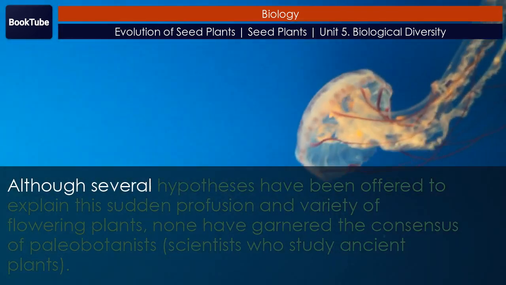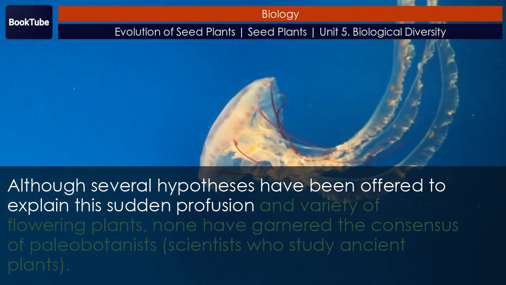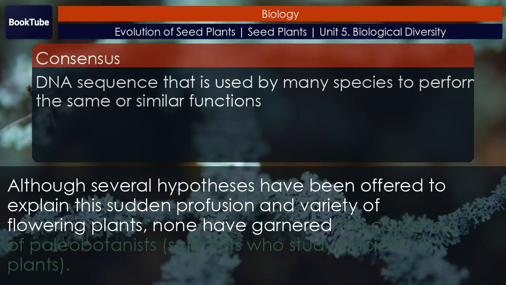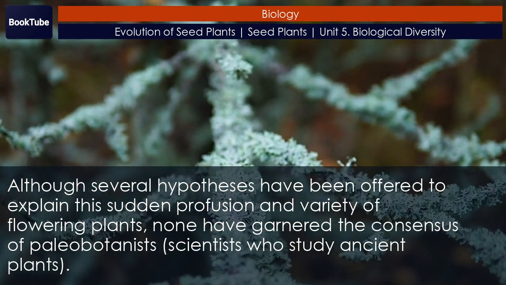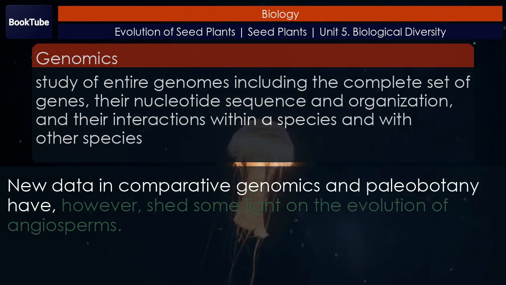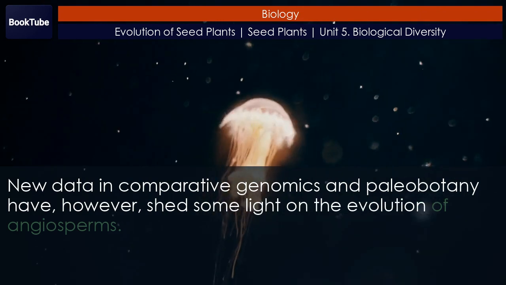Although several hypotheses have been offered to explain this sudden profusion and variety of flowering plants, none have garnered the consensus of paleobotanists, scientists who study ancient plants. New data in comparative genomics and paleobotany have, however, shed some light on the evolution of angiosperms.